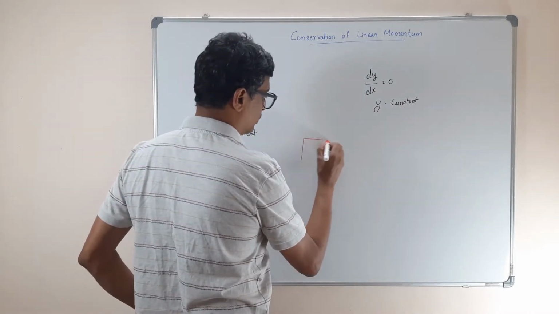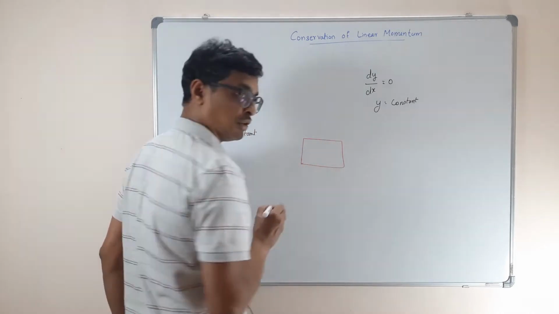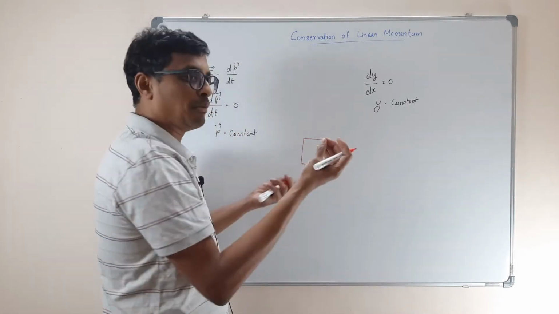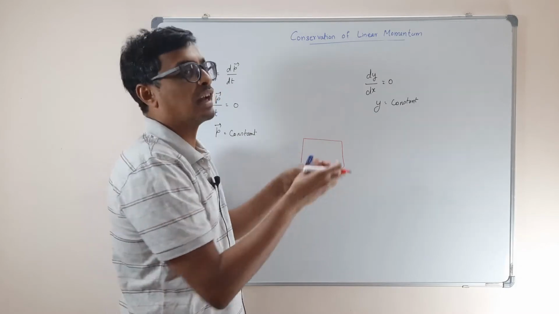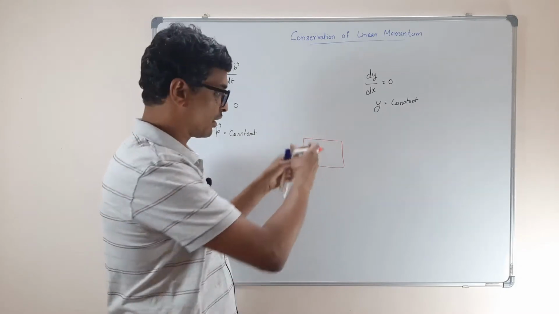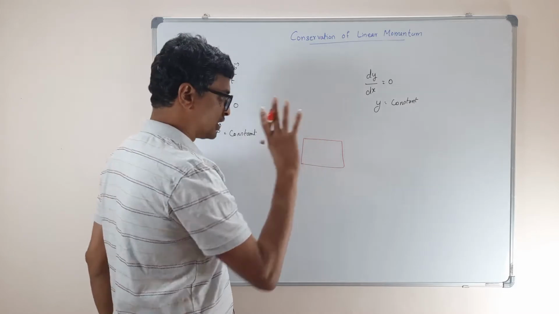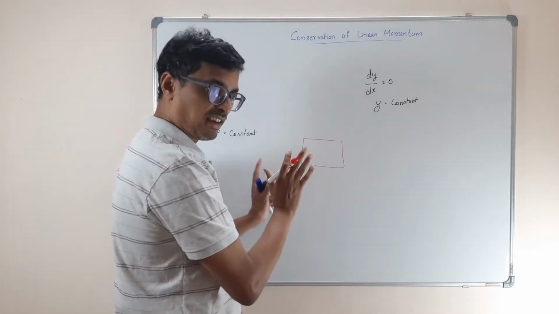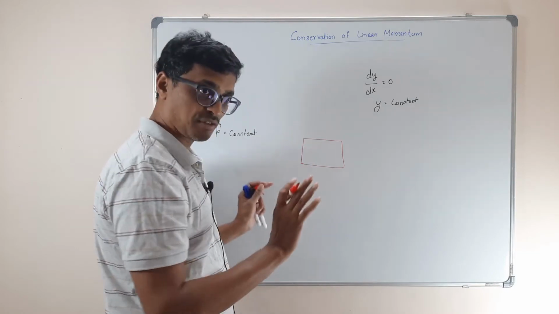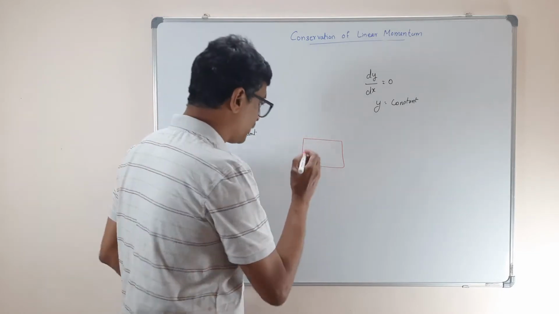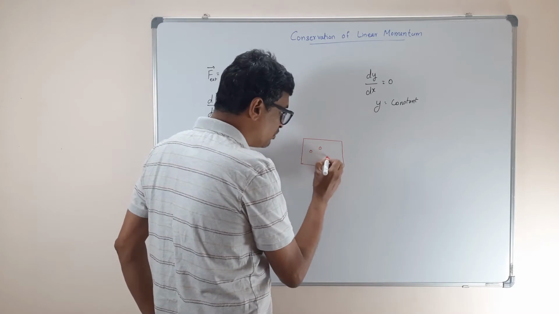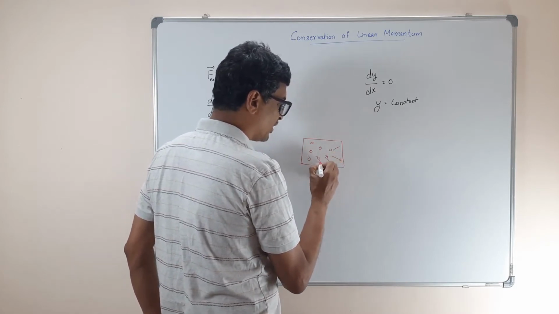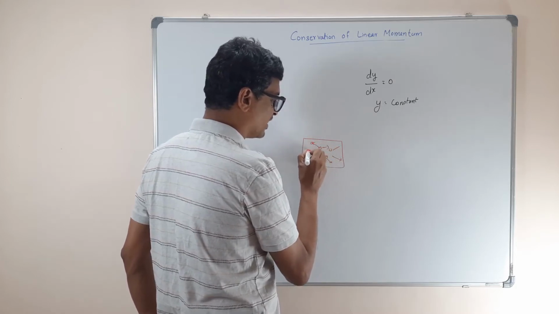I'm having a box with air in it. The molecules are very lightweight, so gravitational force you can neglect, and they are all freely moving. The box is stationary, at rest, with no external force acting on it. But the individual molecules inside are all moving and colliding with each other.